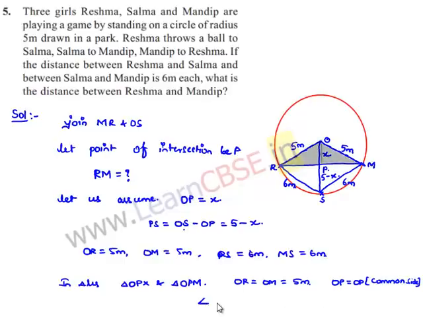Angle ROP is equal to angle POM, since the equal chords MS and RS subtend equal angles at the center.